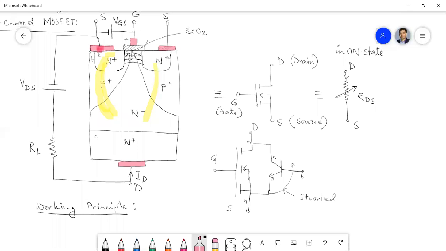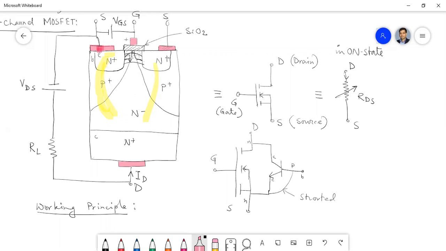Now what does it become if we short it like this? It will be just a diode, because one PN junction you have shorted.